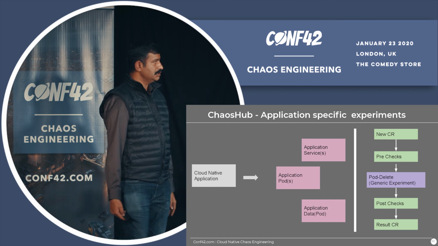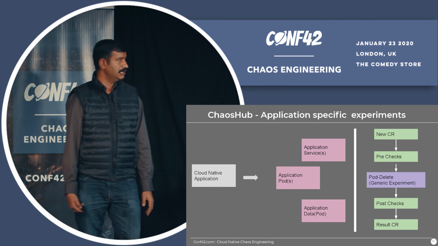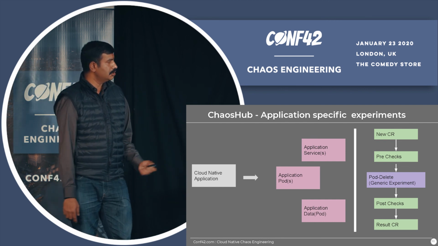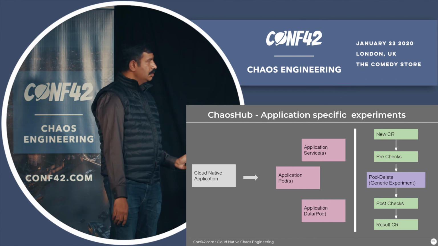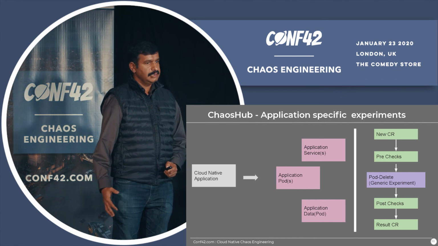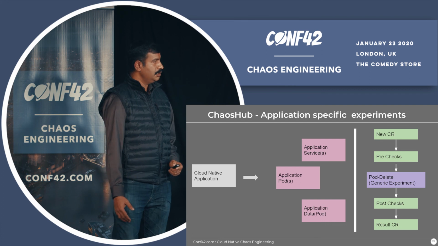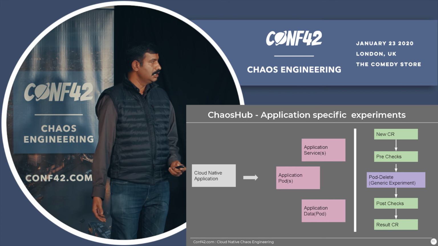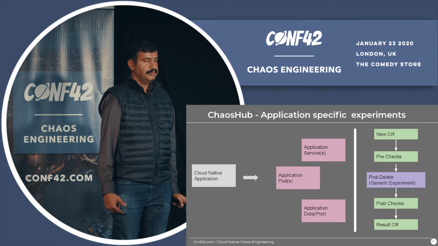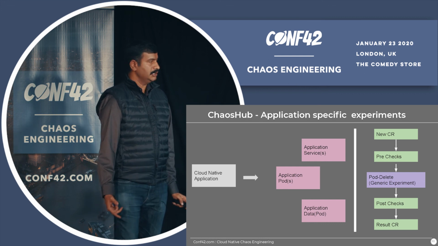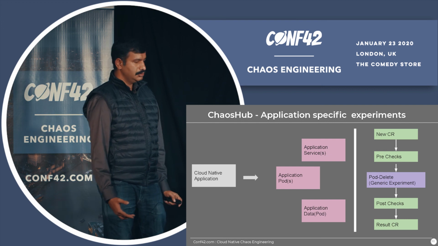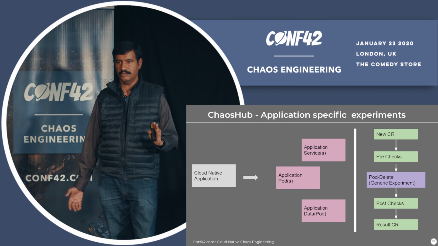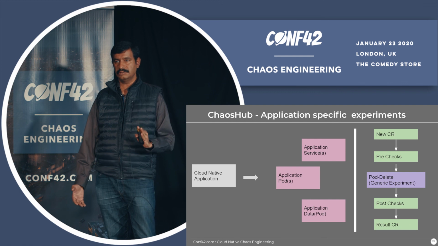You can start practicing. And for application-specific experiments, an application really constitutes a pod or multiple pods, and then it's got some service, and then it's got some data, right? So what do you mean by attacking an application? You need to define the logic of what it is that you're going to kill.